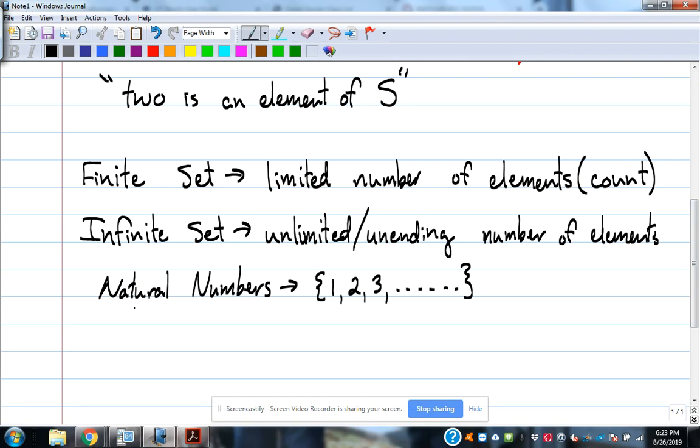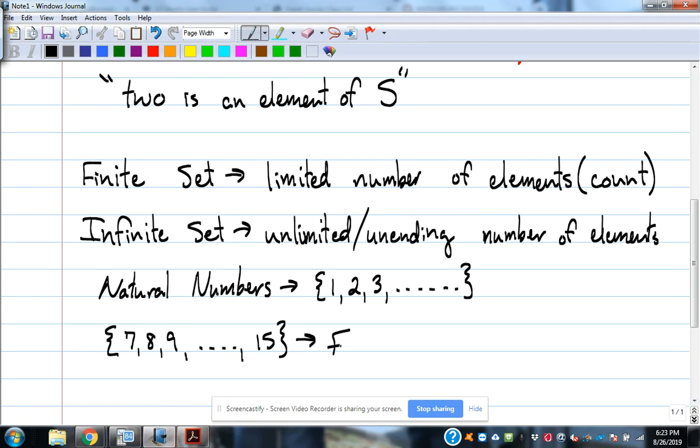A finite set could be a subset of the natural numbers. An example might be 7, 8, 9, and then it puts the dot, dot, dot, and maybe stops at 15. The dot, dot, dot in the middle means continue the pattern until you get to this number.